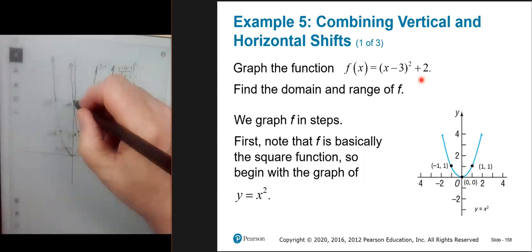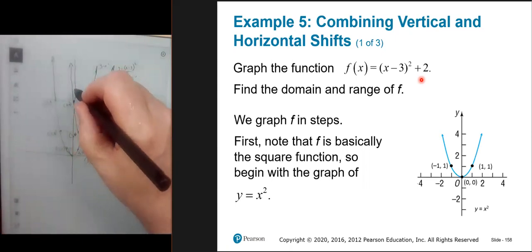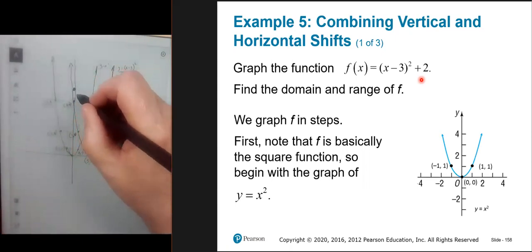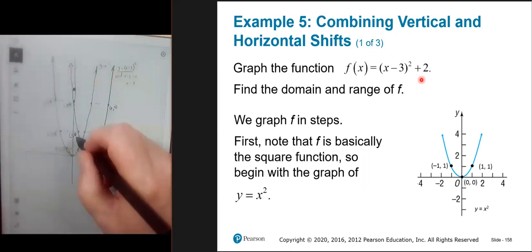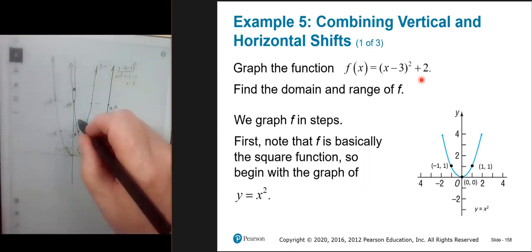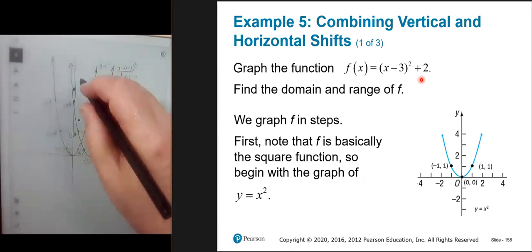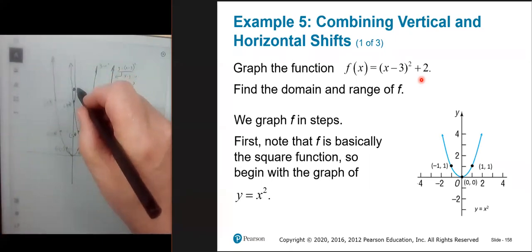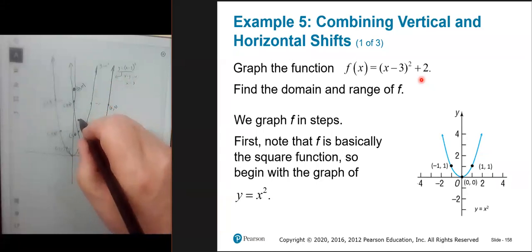So 9 plus 2 is 11. So this point got moved up to here. 4 plus 2 is 6. So that point got moved up to here. So this is the point 0, 11. And this is the point 1, 6.